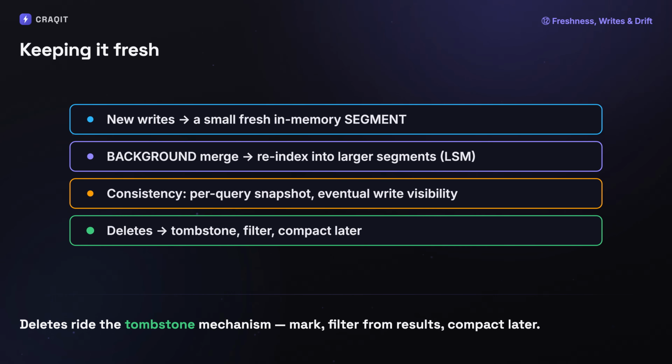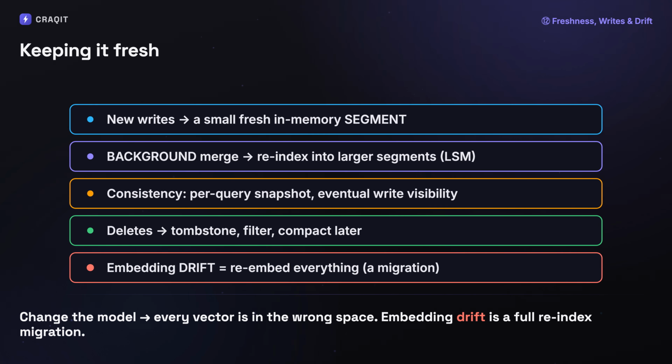And the update everyone forgets, the one that's really a migration, embedding drift. The day you upgrade or change your embedding model, every stored vector is now in the wrong space. You cannot compare a vector from the old model against one from the new model. The geometry is different.